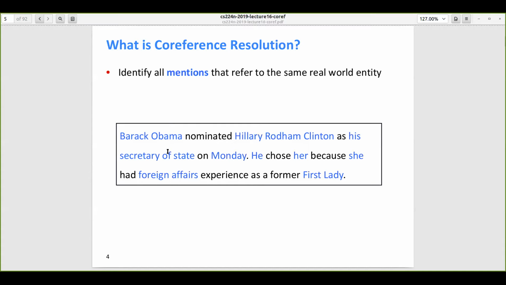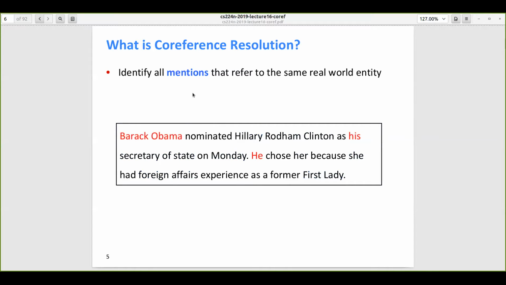All these words that are marked in blue are examples of mentions in this sentence. Barack Obama is a mention. We have Hillary Rodham Clinton. His Secretary of State is also a mention. And we have another mention here called Monday, which is a day in the week. And then we have some other mentions here.